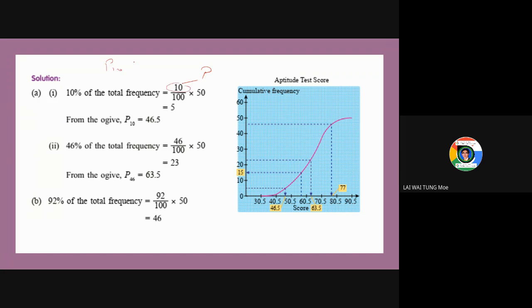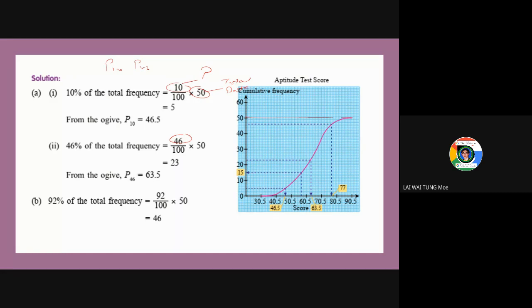If you want to find P46, you put 46 up here, and always over 100. And this is your total data. Looking at the last one, the total data is 50.